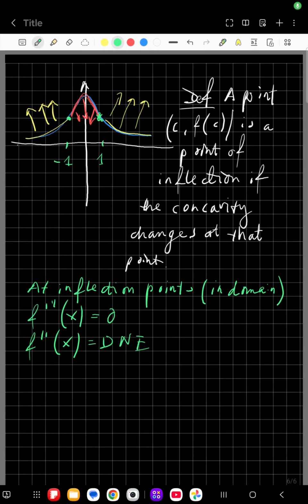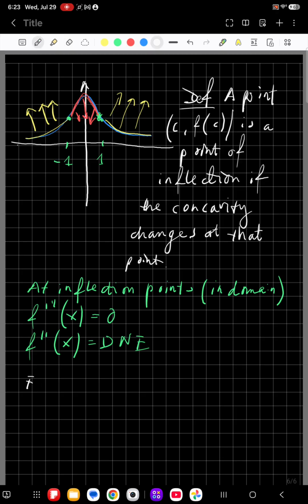So I want to show you a couple more examples where the zero of the second derivative is actually not a point of inflection. So let's start there. So example 4. Let's make it white.